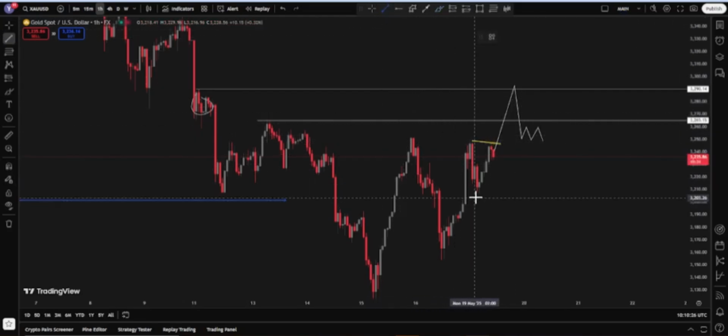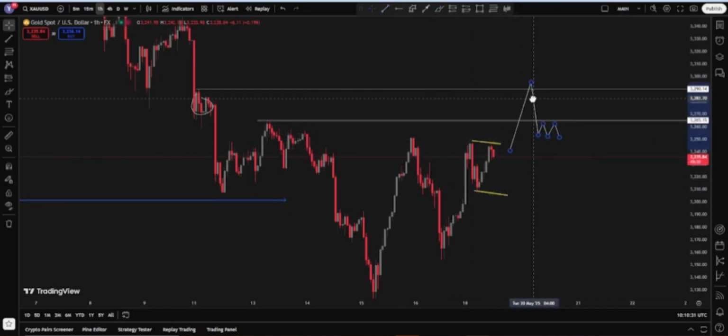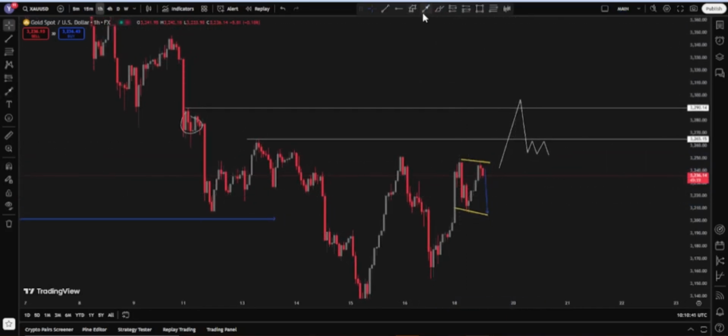No, this is possible currently. Let me remove this for now. We have a mini drop on gold. We have price pushing back in to this level. Can we take a short term buy and ride it along? Let me remove this for now.